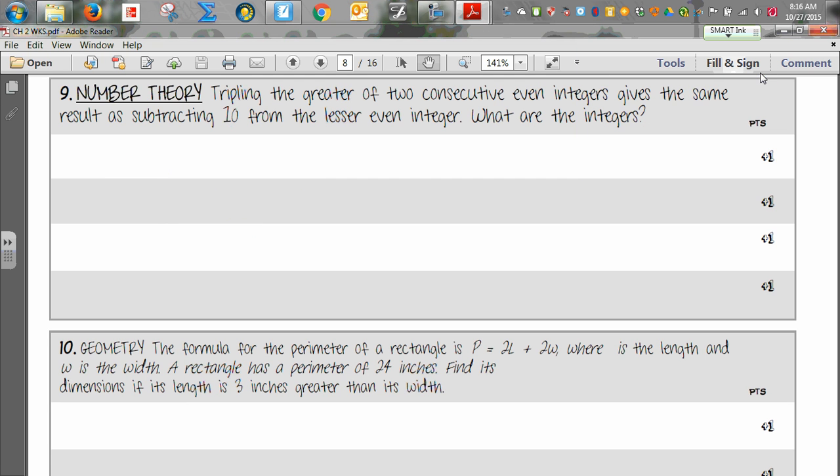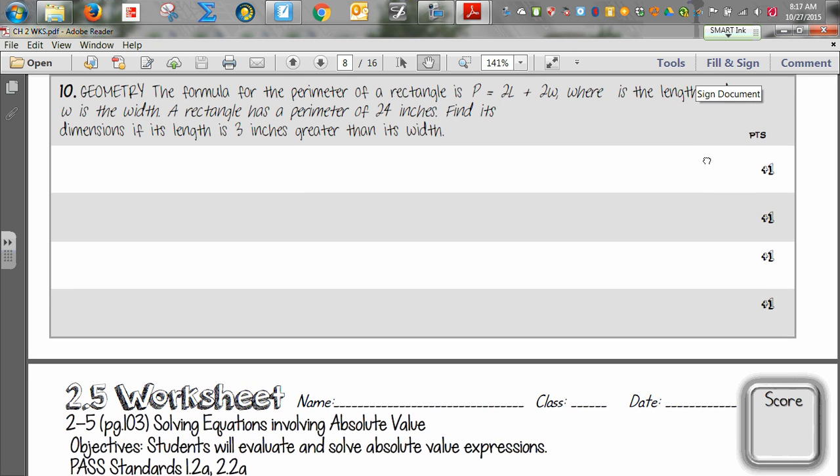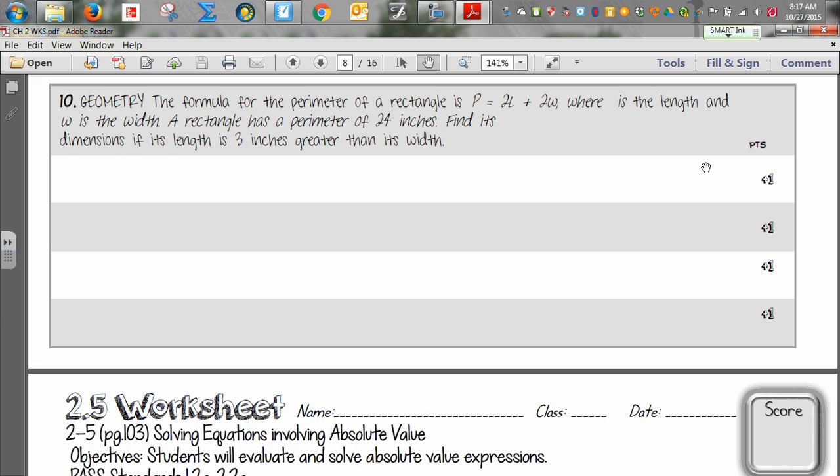Four. What about 10? This is like the one you had on Craigslist. Instead of putting L, what would I put? You know what P is? They give you a number value for it. 24 inches. Okay.